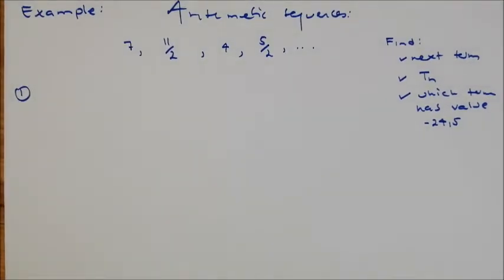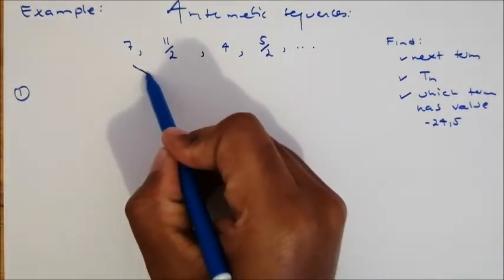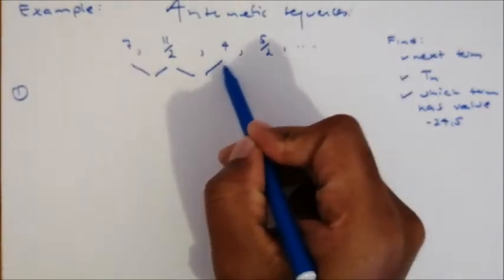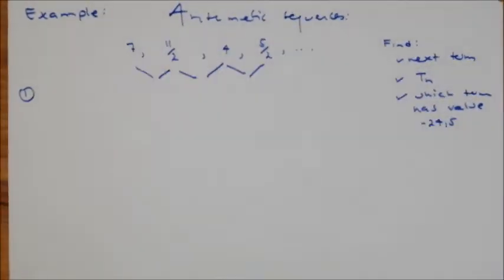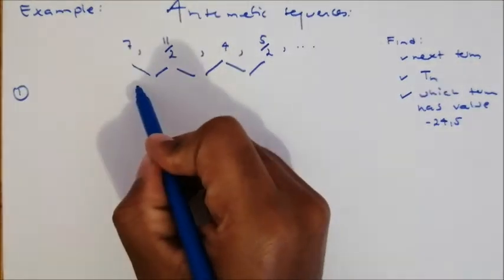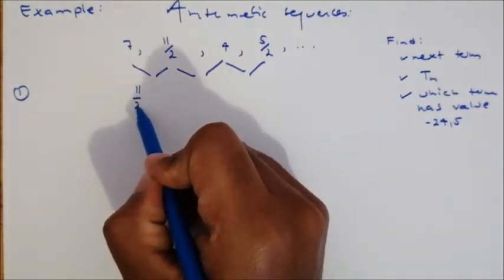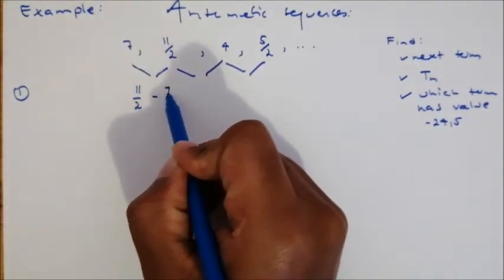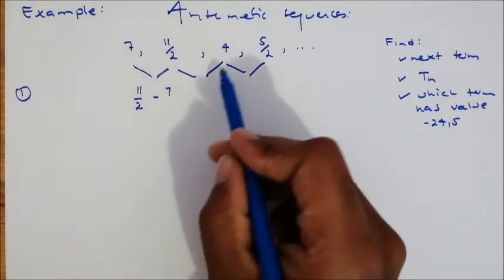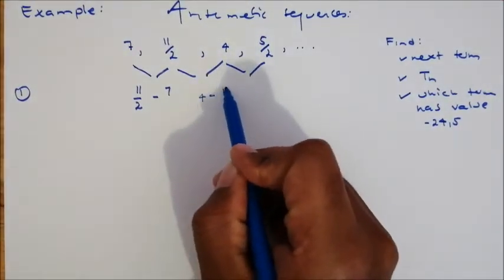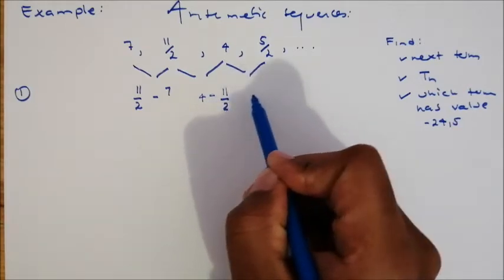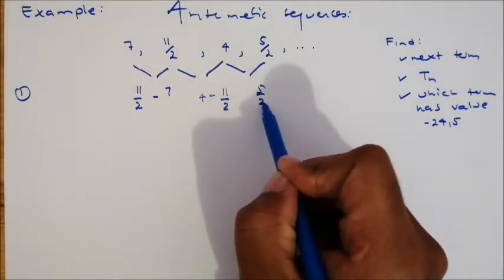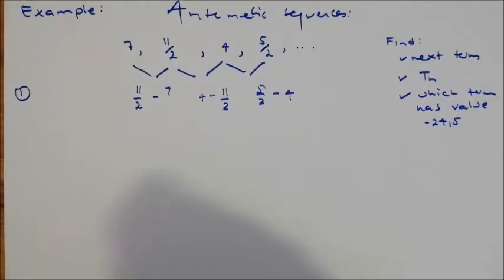In order for us to find t5, we first need to find the common difference between the terms that we are given, right? So 11 over 2 minus 7. We need to know what is that. Then 4 minus 11 over 2, and then 5 over 2 minus 4, right?